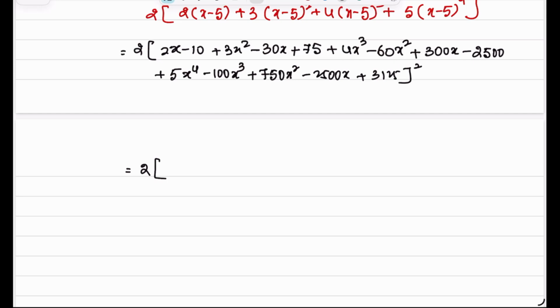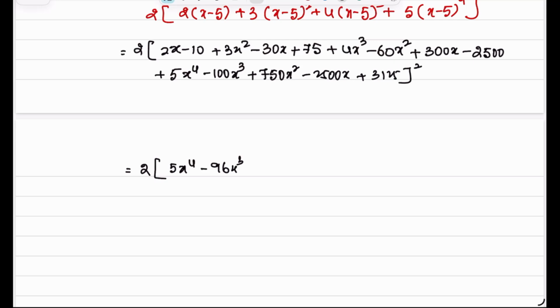Minus 10 plus 75, 65, 65 minus 2500, or we can start from x cube, x to the power of 4. Otherwise, 5 into x to the power of 4 minus 100 into x cube plus 4 into x cube. That is minus 96 x cube.